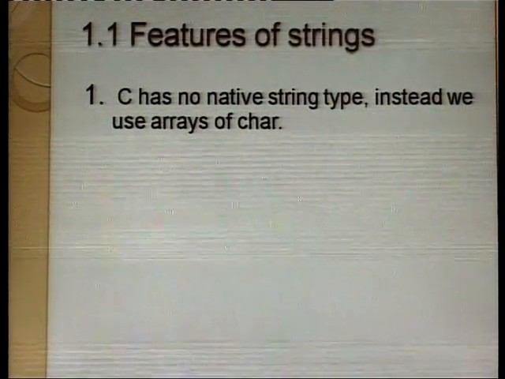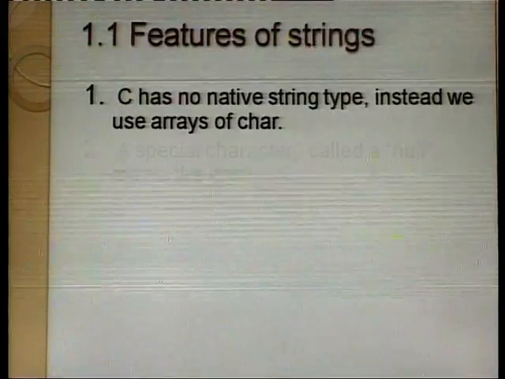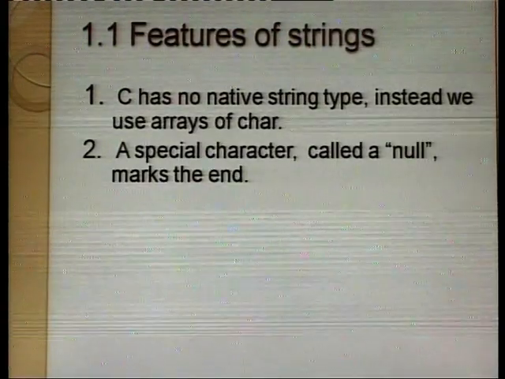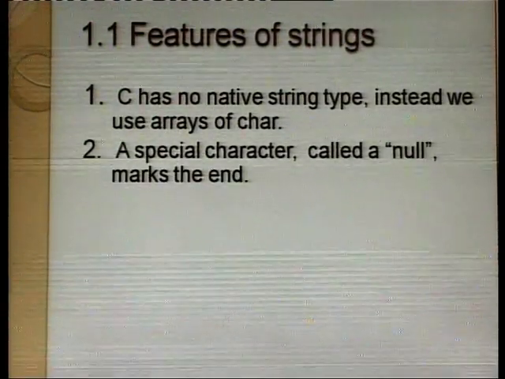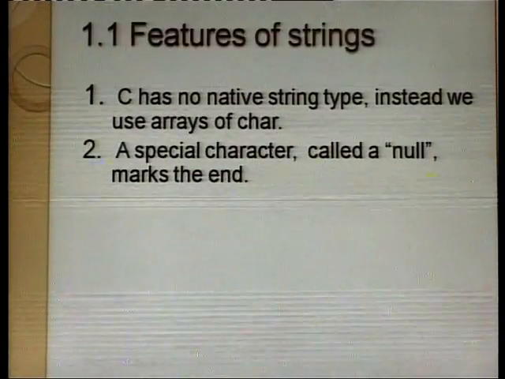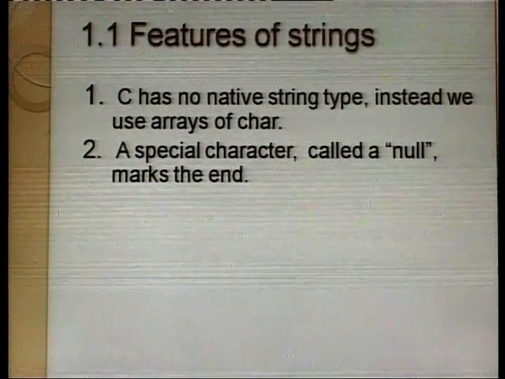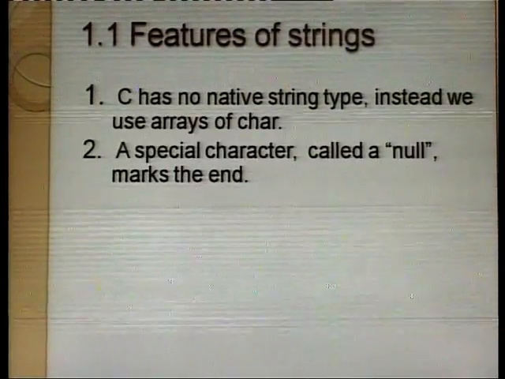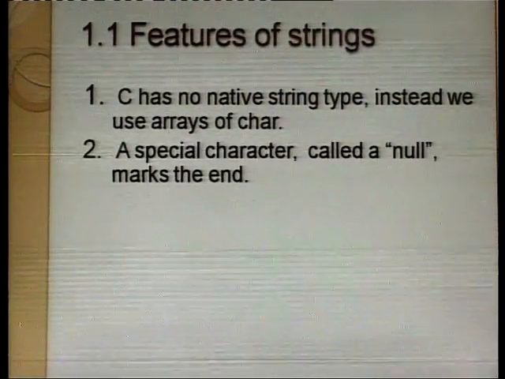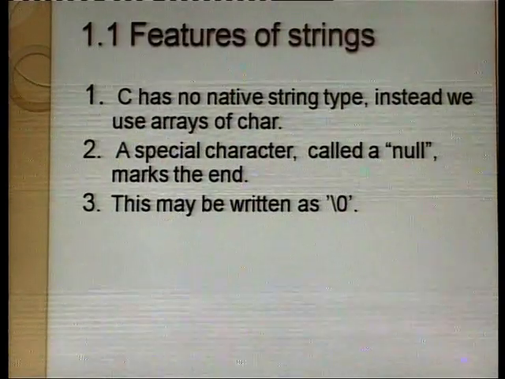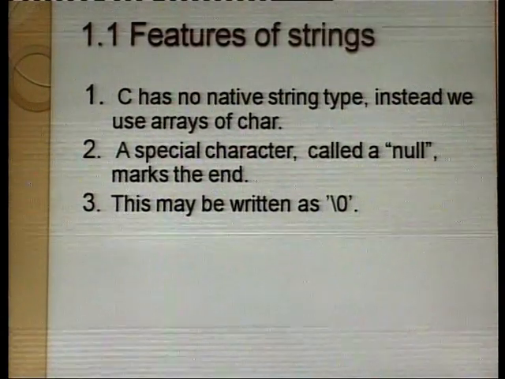Then the string variable values can be stored in that array. Next, a special character called null marks the end. Whenever a null character appears in an array, it means it is the end of the string variable. And this may be written as \0.